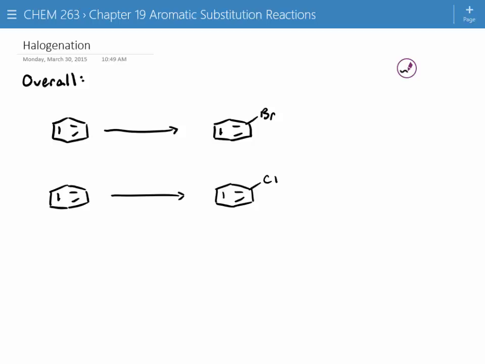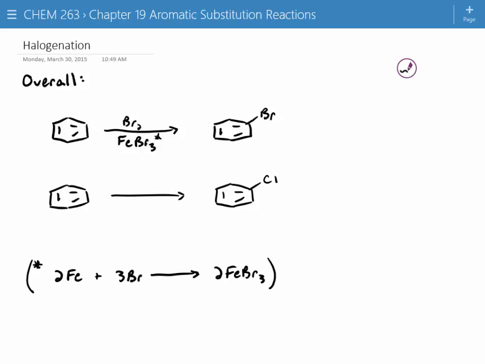So with bromination, we obviously would need Br2. And then we can also add in the iron. Specifically, what we'll do is we'll add in iron tribromide, so FeBr3. The interesting thing with these reactions, I'll put a little asterisk here, is if you react two equivalents of iron with 3 equivalents of bromine, you'll just make 2 equivalents of iron tribromide.